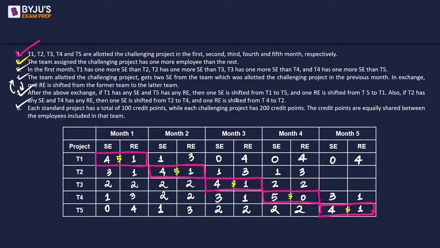Next, if T2 has any SE, yes, T2 has an SE, and T4 has any RE, yes, it has an RE. So what will happen is this 1 will move here, so this will become 0 and this 3 becomes 4, and this 1 becomes 0. ये कम हो जाएगा और ये इसको बढ़ा देगा.